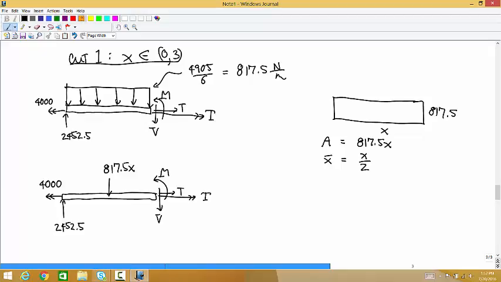And now, when you go to the moment equation, you're going to multiply 817.5x times x over 2, negative, to get that moment.